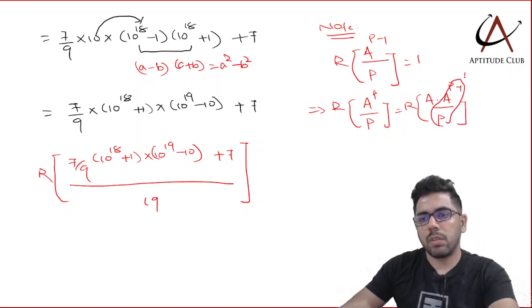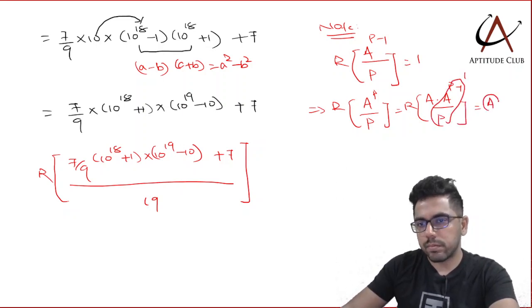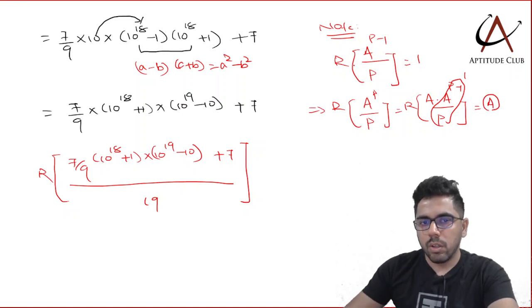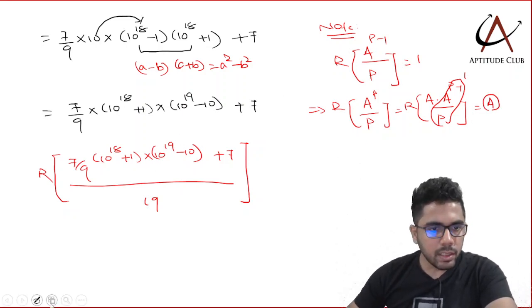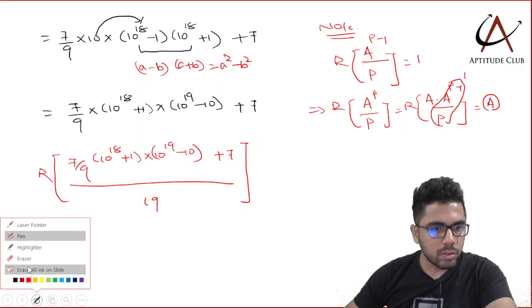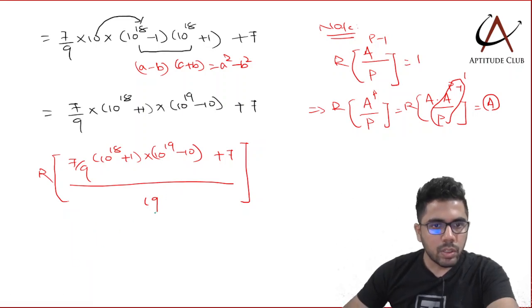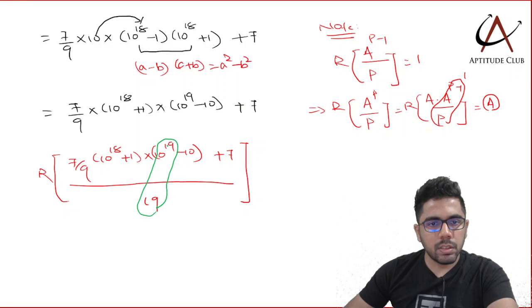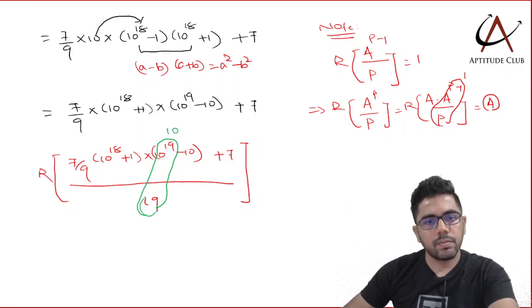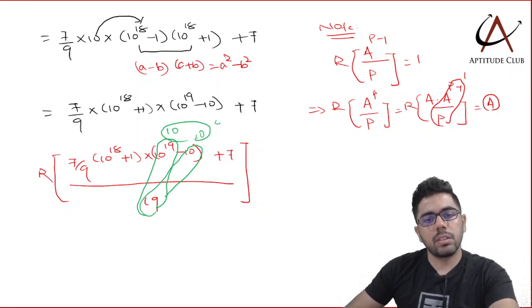Here the remainder of the second part is 1, so what remains is a. So when you take 10 to the power 19 minus 10, divided by 19, the remainder of 10 to the power 19 is 10, and here the remainder is also 10. So the overall remainder is 0.